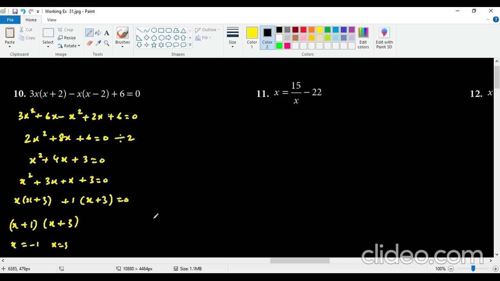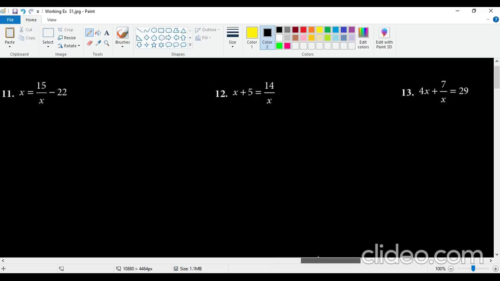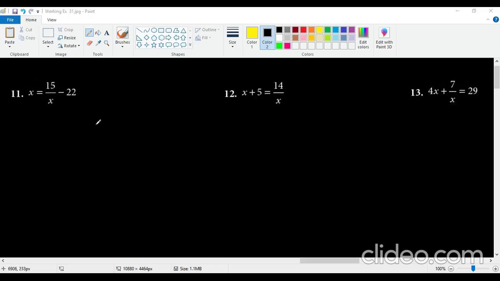Moving on to question number 11. It's going to be something like, we multiply everything by x, multiply this also by x, and this also by x, and this one, all three are going to multiply by x.